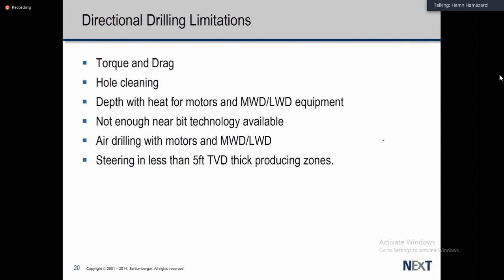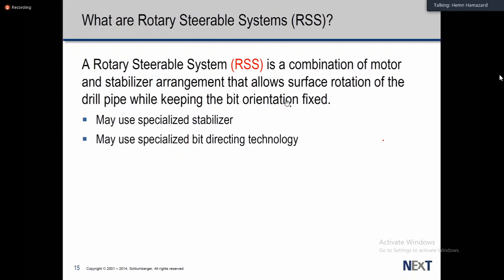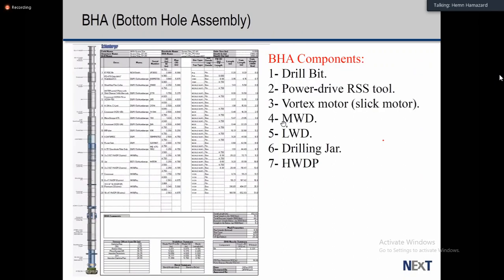Another issue, if I go back to the BHA, here you see you have the bit, then the power drive and the vortex, and then you have MWD and LWD. The MWD is usually about 25 to 30 meters above the bit. So what you see in real time, or when you take a survey from MWD or LWD, you don't see the information at the bit. You see it at least 25 meters above the bit.